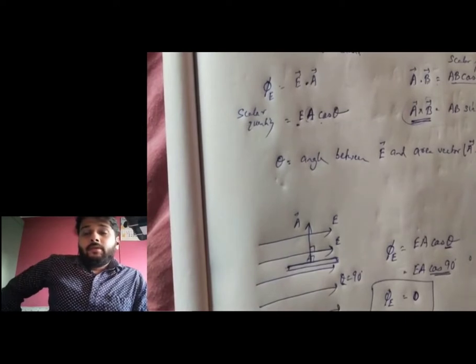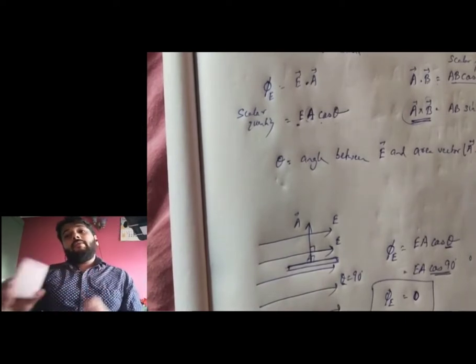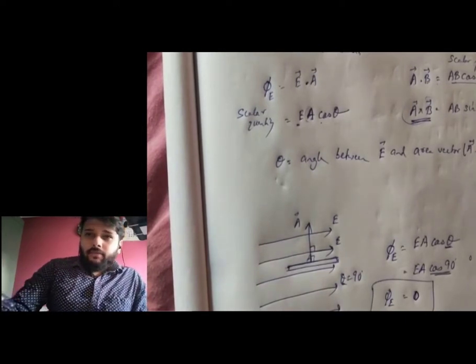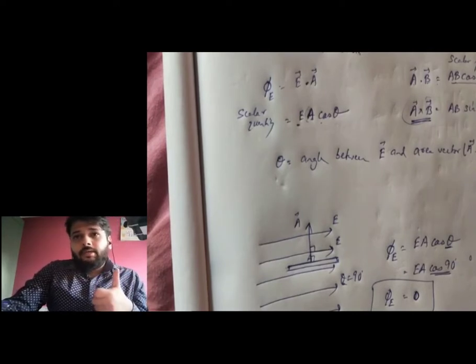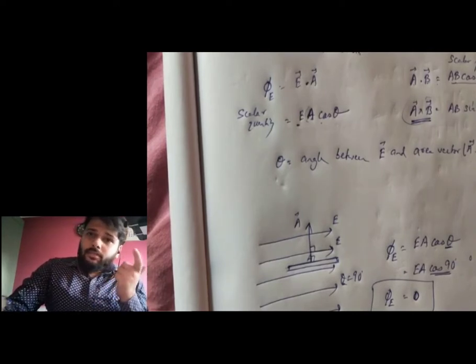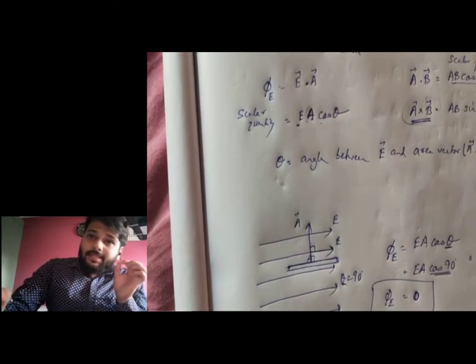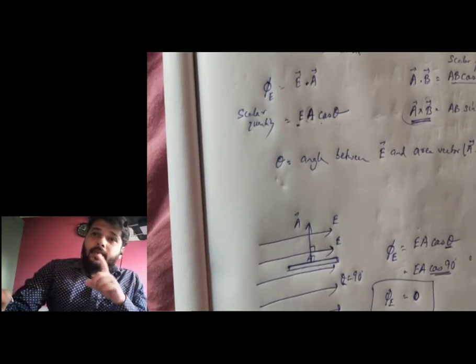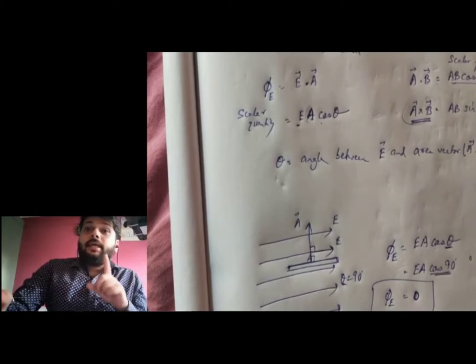Okay, so always remember, whenever we are going to calculate electric flux, we must have an electric field and we must have a surface area. And theta is the angle between the electric field and the area vector, not the surface.